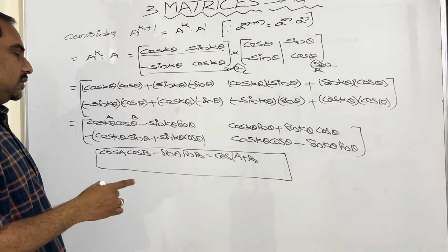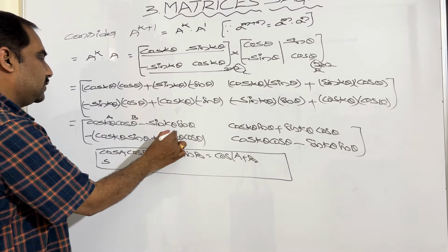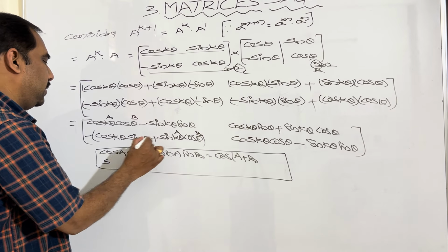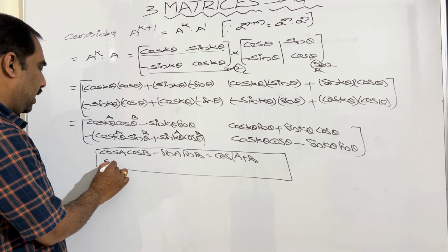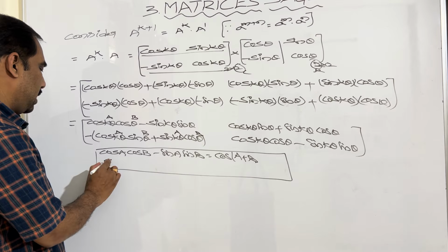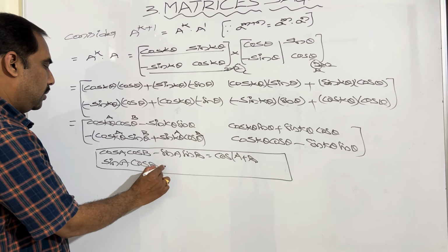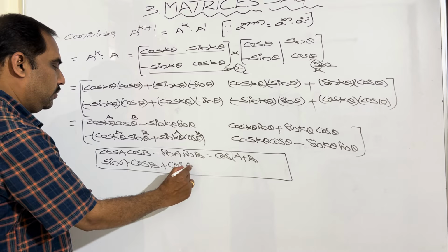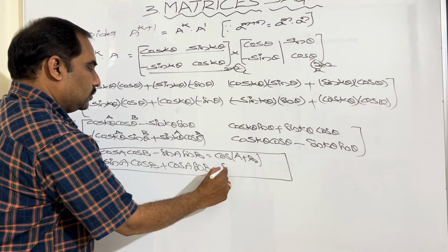So for both the same formula exists. If you take k theta as A and theta as B, we get sin A cos B plus cos A sin B.